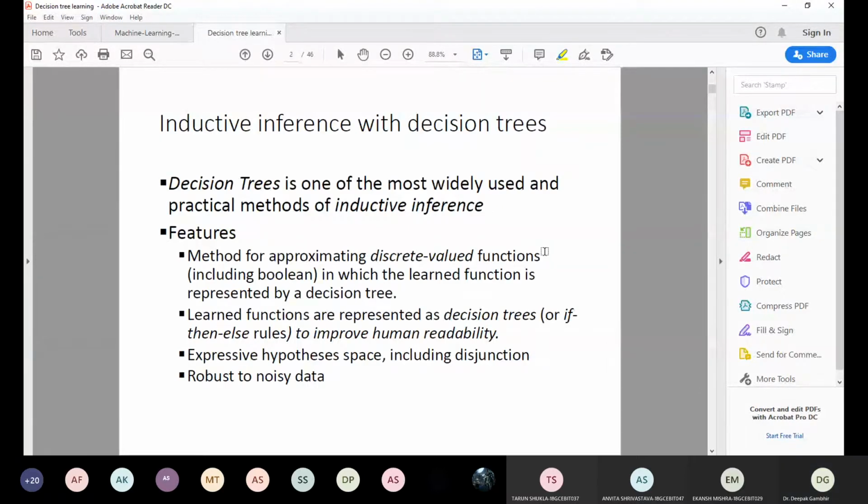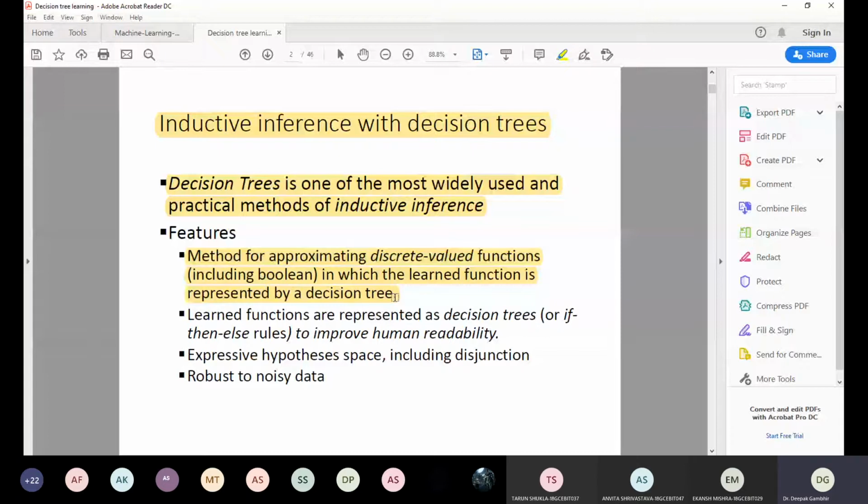Now these are the inductive inferences with decision trees. Decision tree is the most widely used and practical method of inductive inference. Basically, it is a method of approximating discrete-valued functions, including Boolean, in which the learned function is represented by a decision tree.